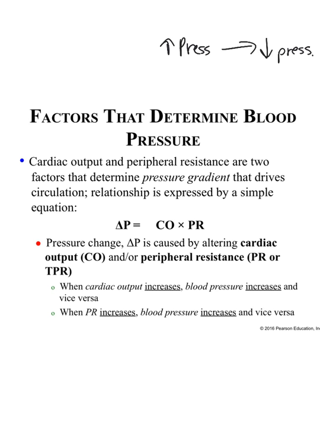So the change of pressure is equal to cardiac output times the peripheral resistance, or total peripheral resistance. So again, when cardiac output increases, when the heart's able to pump more blood per minute, obviously blood pressure would increase. If peripheral resistance increases, let's say you're adding more weight to the person's body, they're gaining weight, then that's going to increase the blood pressure as well.